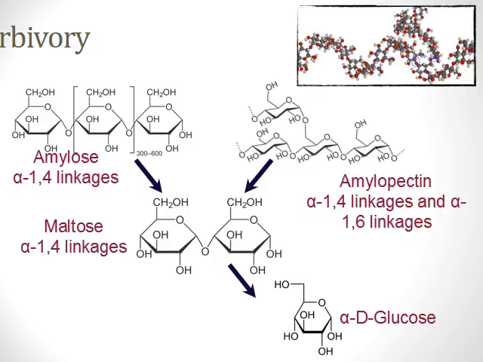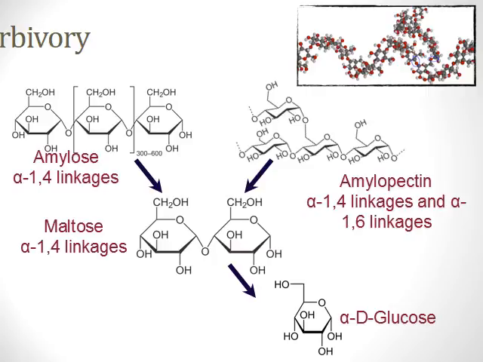I don't expect you to know them, but what I really want to point out is that starch and cellulose have different structures. And both of these, amylose and amylopectin, can be broken down by enzymes to make maltose, which is a disaccharide, a 2-sugar compound. This is 1 sugar, and this is the 2nd sugar, and ultimately broken down to glucose and alpha D-glucose.